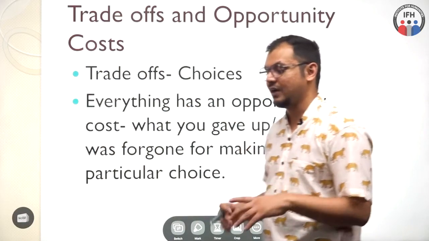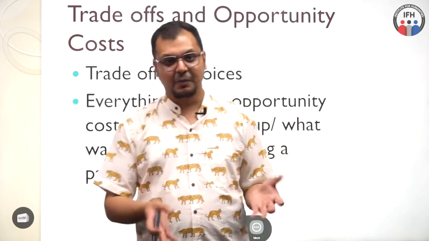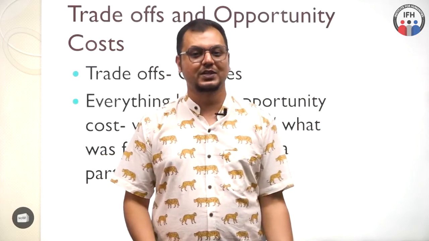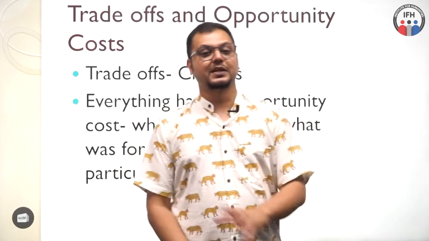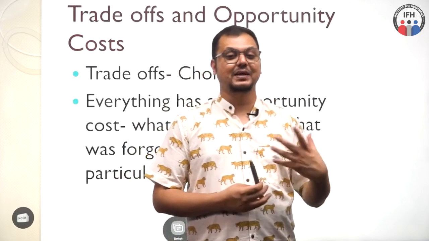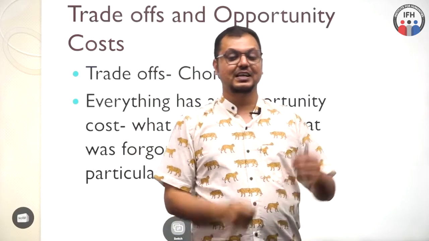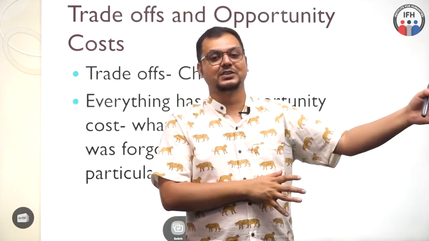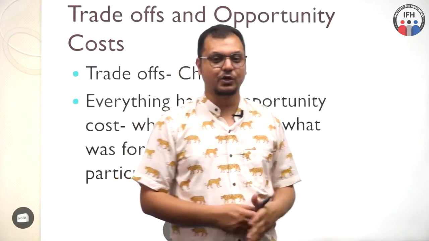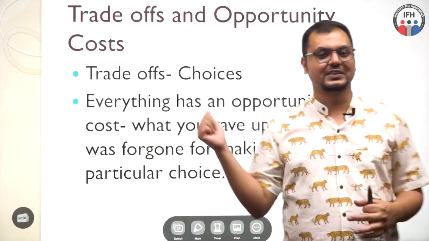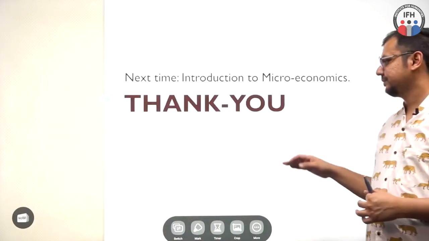You're not talking of everything you've given up for that thing, but it plays a very important role in economics. So I want you to make a note of it, keep it in mind, and whenever you see its application in a particular problem situation in later modules, make a note of it under your section on opportunity costs.